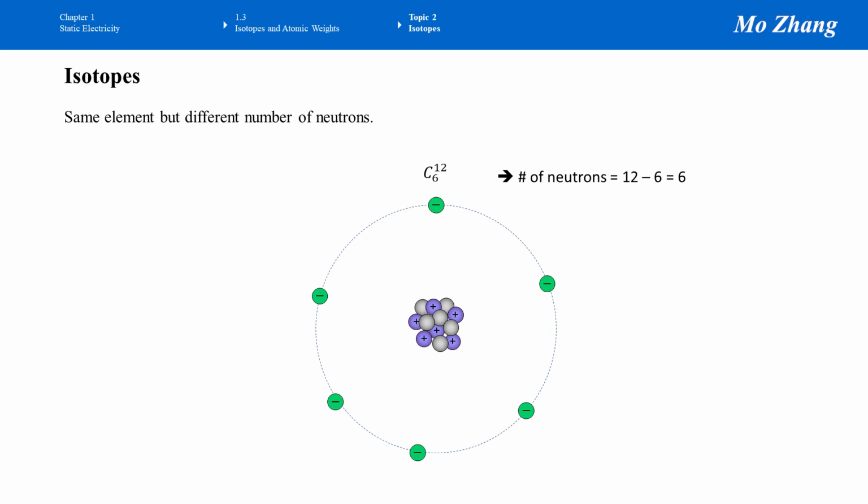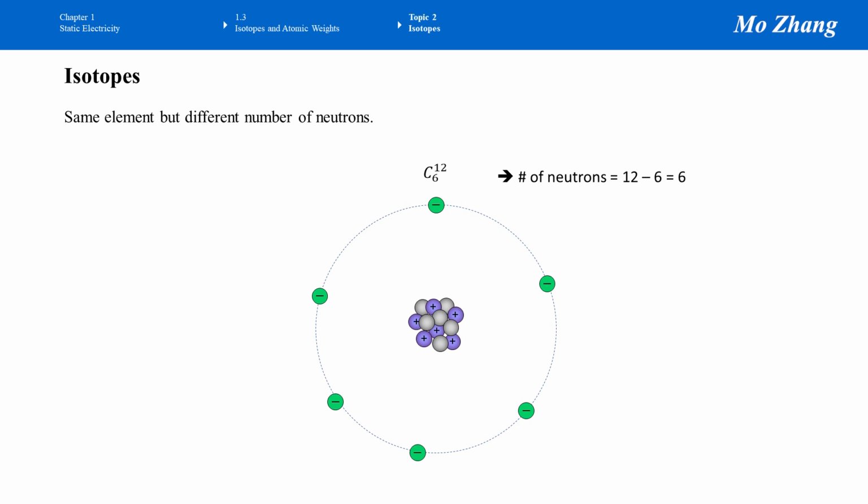The subscript 6 means there are 6 protons. The superscript 12 means the number of protons plus the number of neutrons combined. Since the subscript 6 indicates the proton number, 12 means the total. So if we use the 12, subtract the 6 protons, there are 6 neutrons for carbon 12.